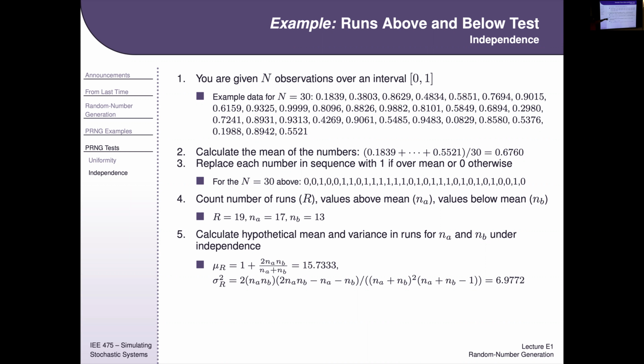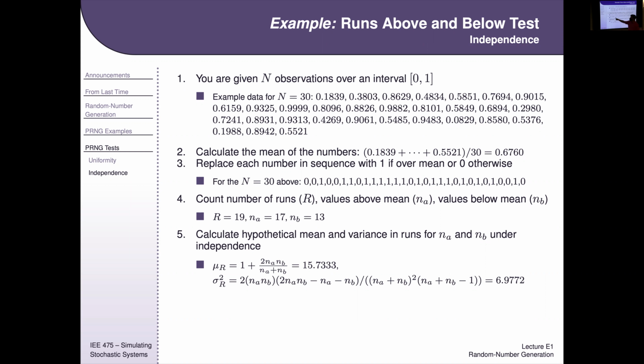From these 2 numbers here, in A and in B, I can calculate under the null hypothesis, if these are independent, then given that there are 17 above and 13 below, I would expect an average number of runs under independence of 15.7.